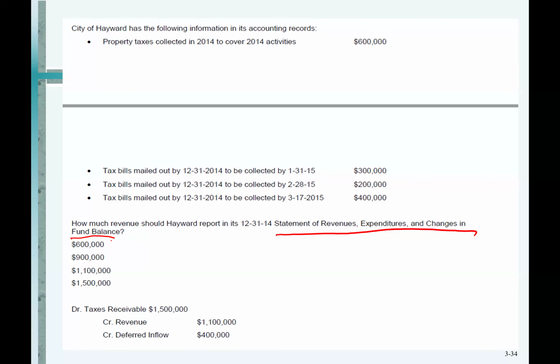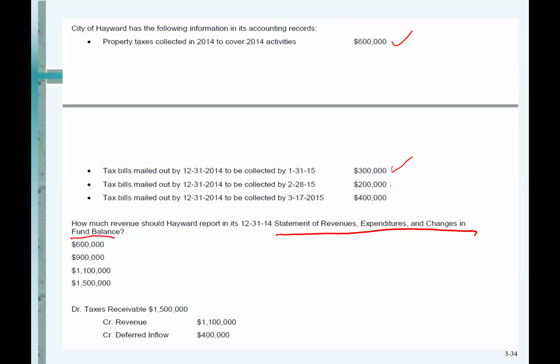So I look and I say, okay, property taxes collected during 2014 for 2014 activities. So use may begin, and I'm going to pick up that 600,000. Tax bills mailed out to be collected by January 2015. Yeah, I'm going to get that.